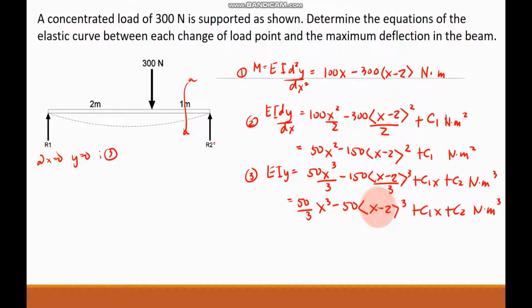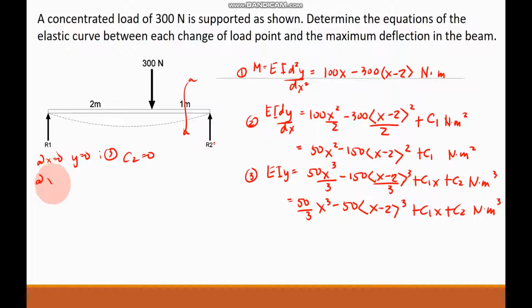Take note that if the value inside the bracket is negative, consider it cancelled. So, if you substitute 0 at this part, you get negative 2, right? Since it is negative, you cancel that part. Then substitute 0 in the other term. Therefore, our C2 is 0. The value of the constant 2 is equal to 0.